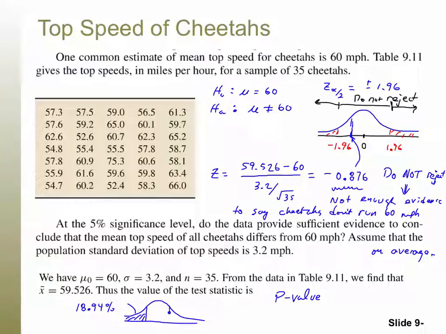Remember, alpha is all the area of the non-reject region. So what would you do? What's the area to the right? It's also 18.9. This is a two-tailed test, so this is half of the percent because it's a two-tailed test. So therefore the p-value is 37.88 or so.